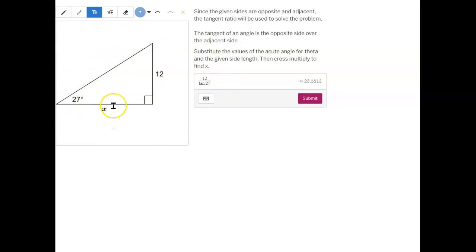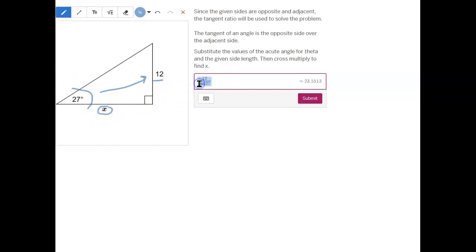Here's a triangle with a missing side. Notice here that we have theta, which is 27. We have the opposite side, which is 12, and we have the missing side, which is the adjacent.